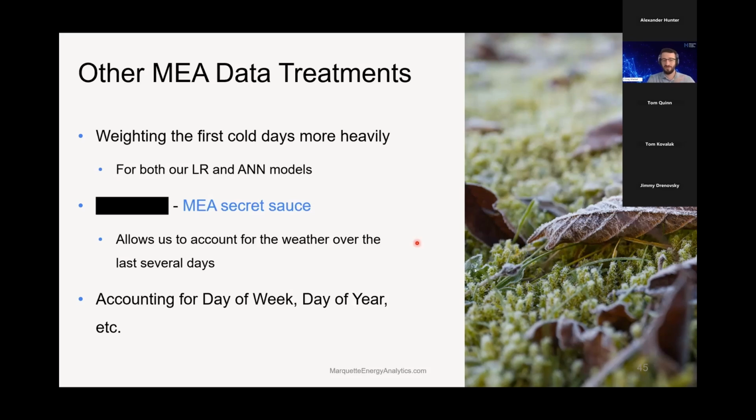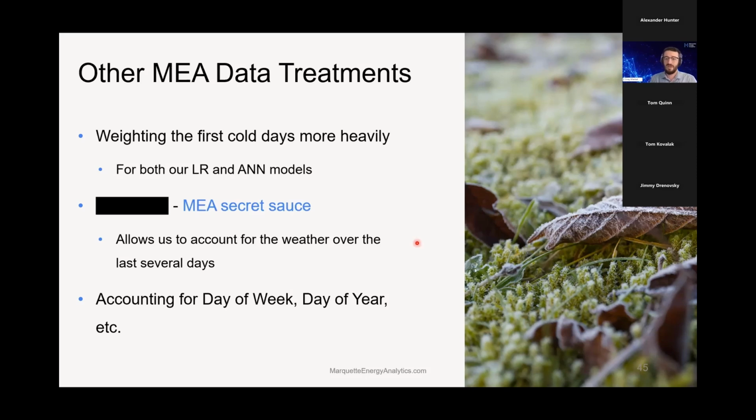And what is the cumulative effect of 3 days ago and 4 days ago? And the thermodynamics of the temperature through the walls of homes comes into play.